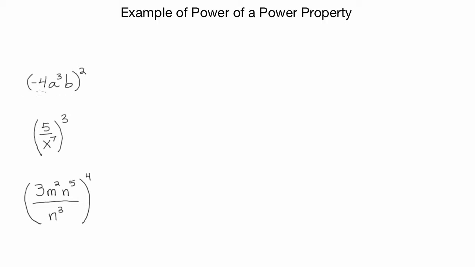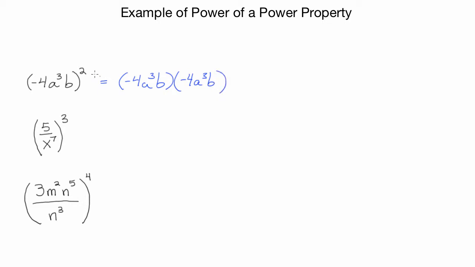The first one here, I've got -4 times a to the third times b. Notice there are grouping symbols, all of it is to the second power. Well, one way I can approach this one is to put it in an expanded form. So let's do -4 a to the third b, times another -4 a to the third b.